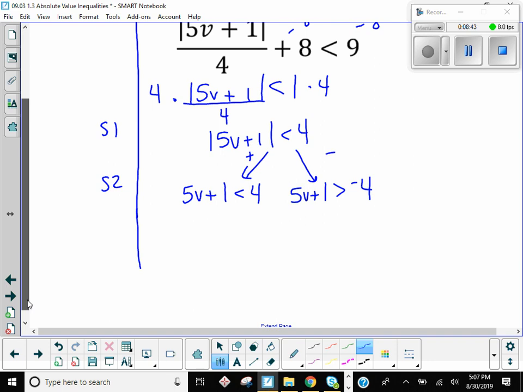Step 3 is to solve and graph on a number line. So minus 1, divide by 5. And the other inequality, minus 1, divide by 5.